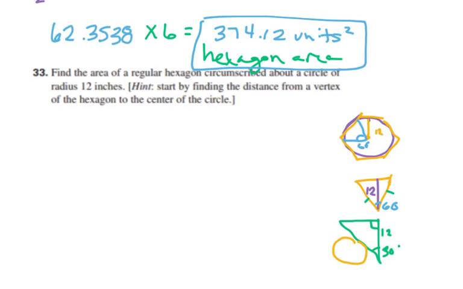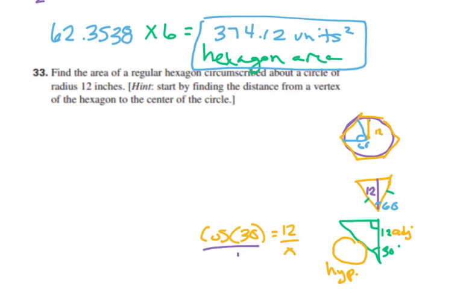So, in order to get that side length, use a little bit of trig. I have the adjacent side, and I want the hypotenuse. So adjacent and hypotenuse is cosine. So to solve this, we get cosine of 30 is equal to adjacent over hypotenuse, so 12 over x.